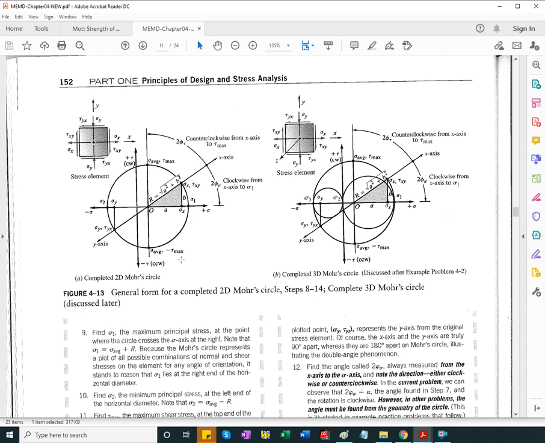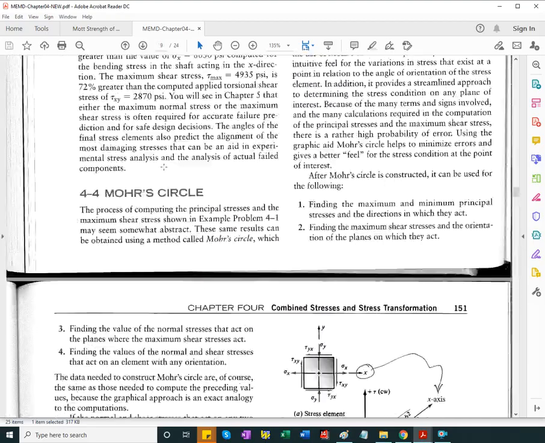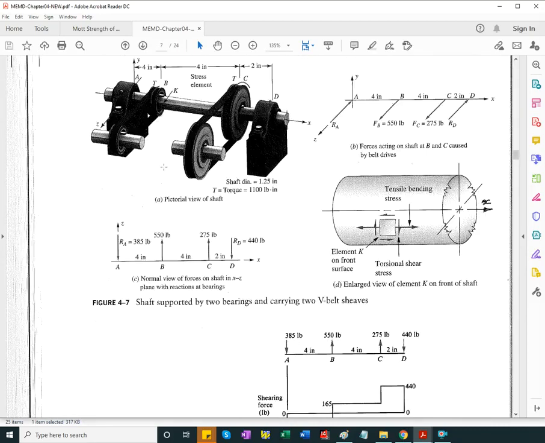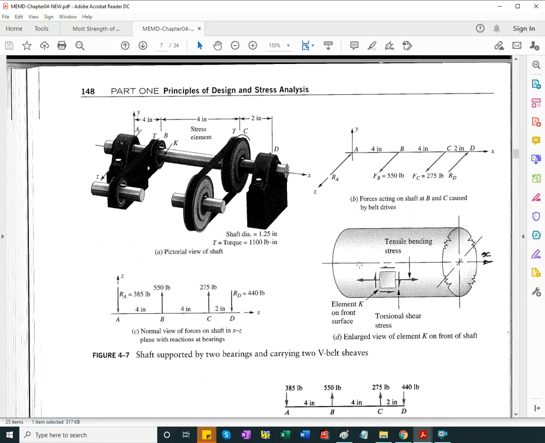Then we can also tell the amount of rotation that we need to perform. The original element is shown here, oriented with the horizontal and vertical lines that come from our choice of axes. It was convenient to align the original element with a direction easy to position on the original part.